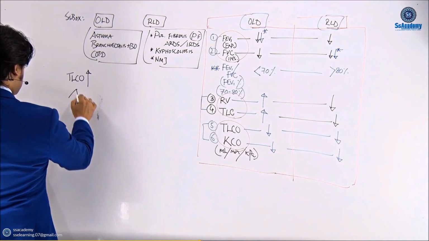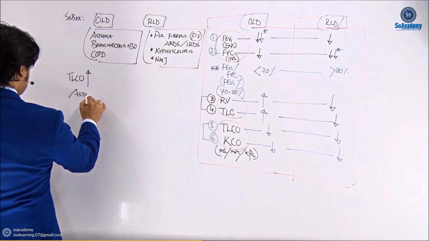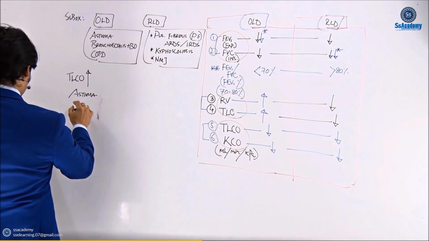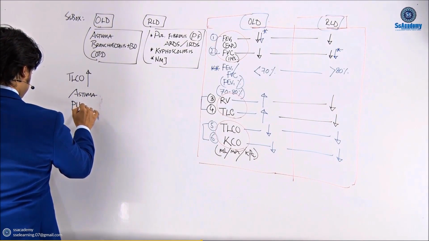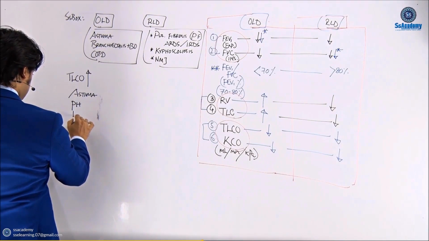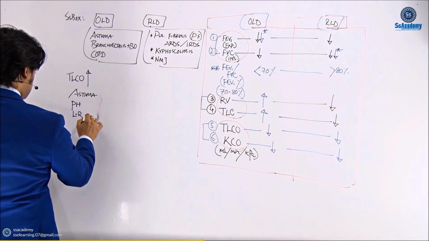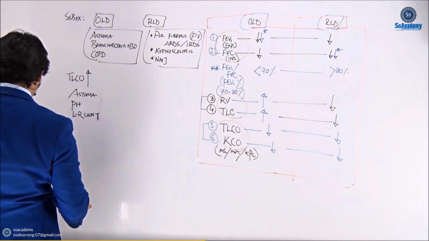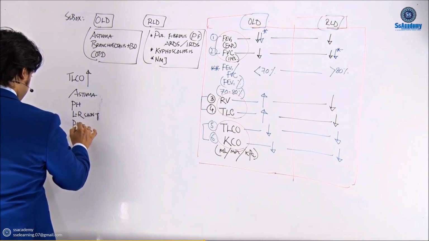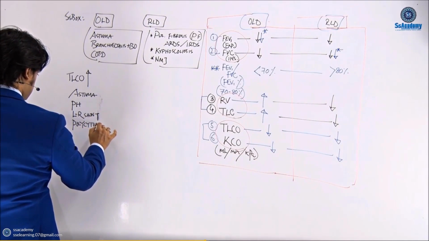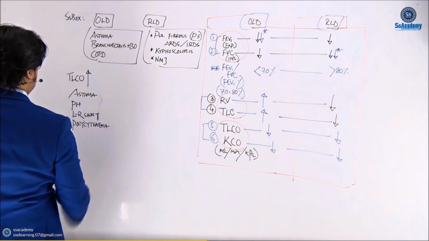The number one cause is bronchial asthma. All right. Number two is pulmonary hemorrhage. Then write it down, the left to right shunt. And third cause is polycythemia. Just write it down.